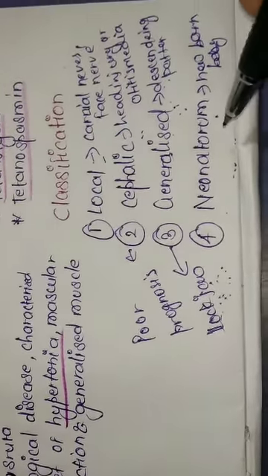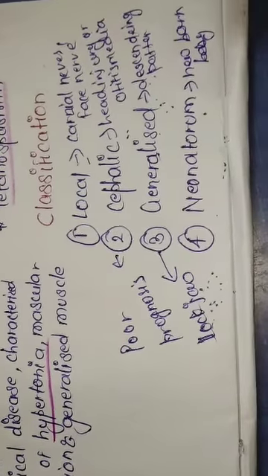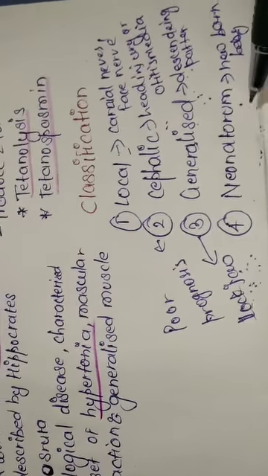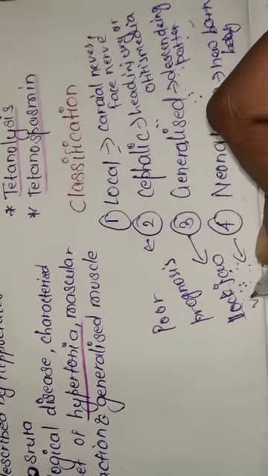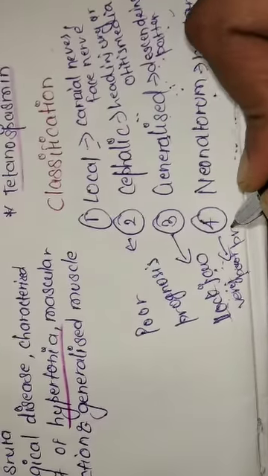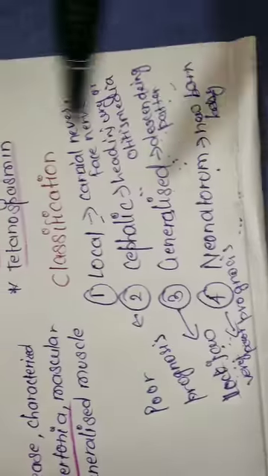After delivery, if the umbilical cord is cut with a non-sterile instrument, that may cause this type of tetanus in newborn infants. This has a very poor prognosis. These are the four classifications of tetanus.